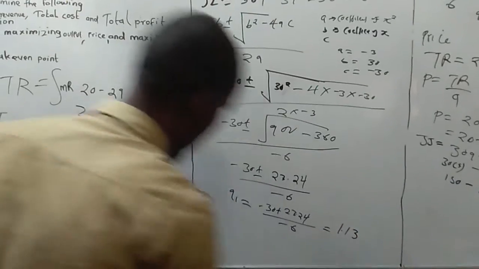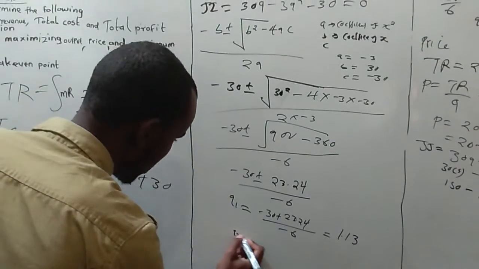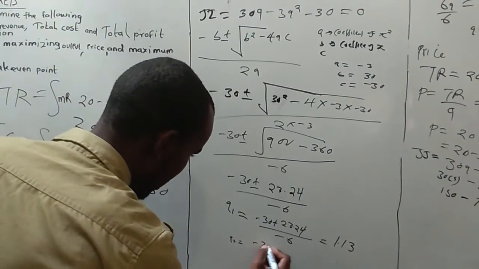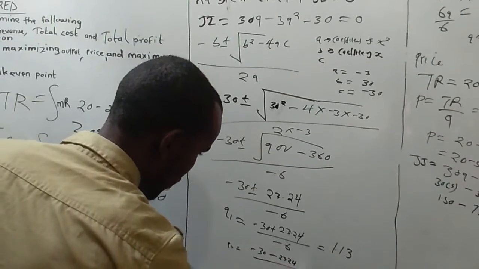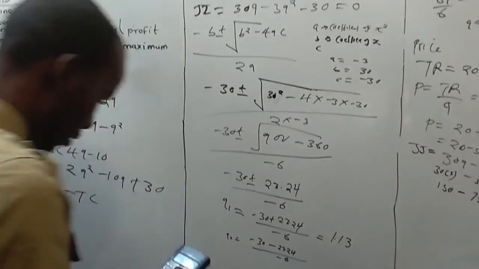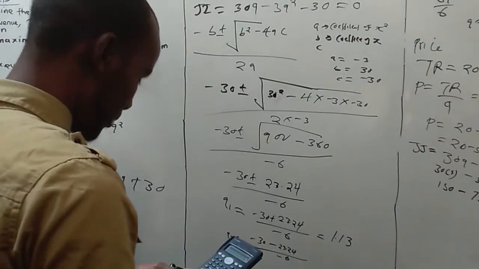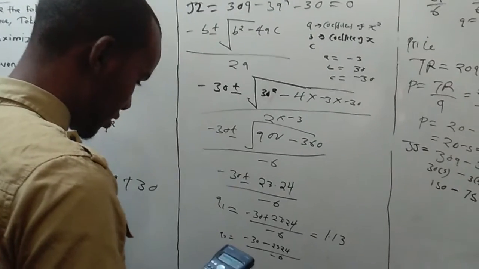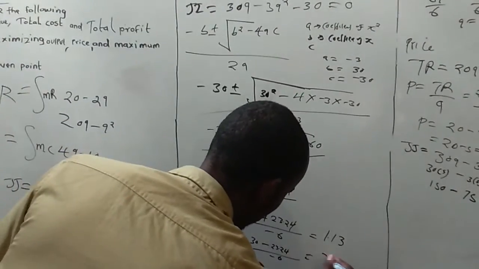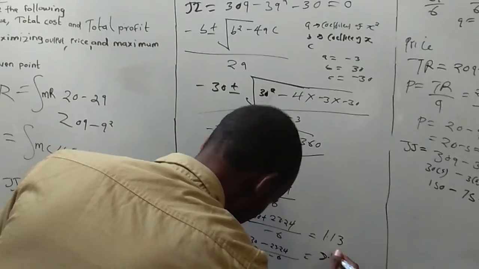The second, q2, is equal to negative 30 minus 23.24, divided by negative 6, getting 8.87.